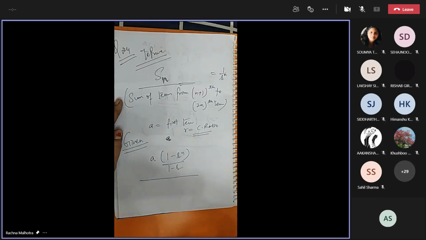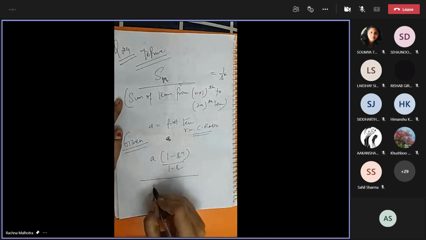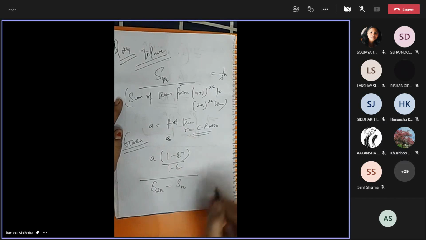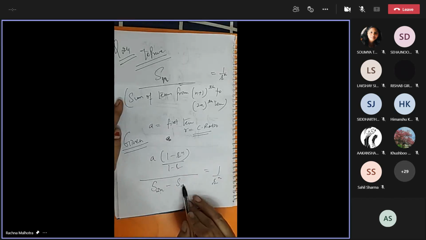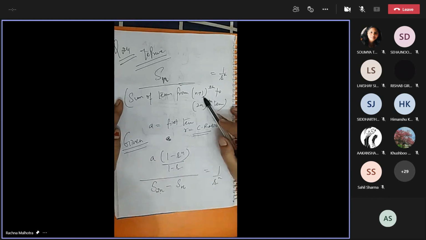Or we can find these terms by writing S2n minus Sn, if I'm not wrong. Because from the sum till 2n terms, if you remove the sum up to n terms, you will get the sum from n plus 1 to 2n terms.